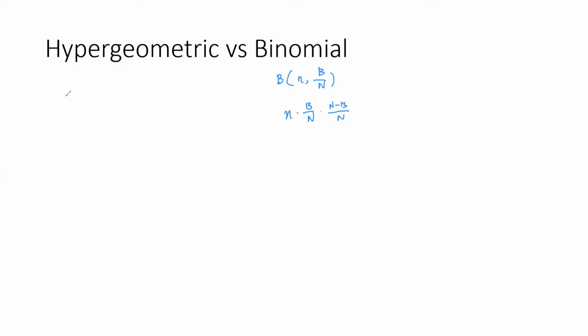But for hypergeometric, you have n times B over N times N minus B over capital N times an error term, or a correction term. And when this little n is really small compared with capital N, then this ratio is really close to 1. All right, that shows some evidence that hypergeometric is close to binomial.